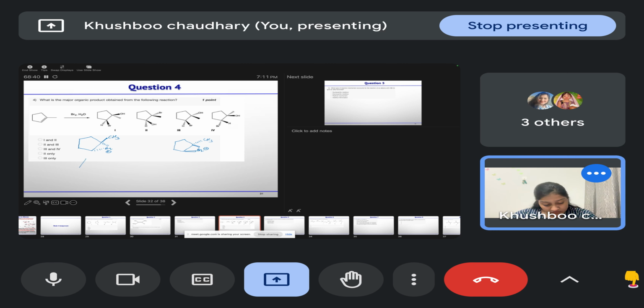Correct? Now, your bromide ion will attack at the more substituted carbon, because the partial positive charge that is formed after the breaking of this carbon-bromine bond will lead to the formation of a more stable carbocation, and that is the major product.